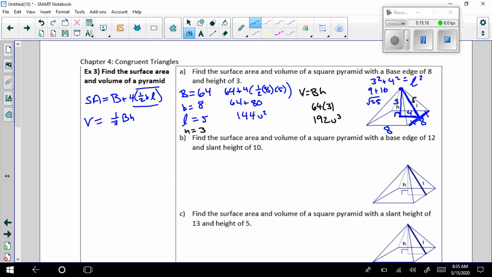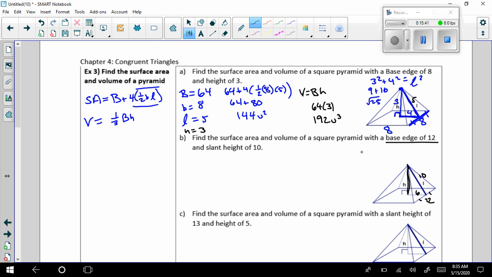Okay, so sometimes you have to find different things, but it's all kind of done the same way. We have a base edge here of 12. Keeping in mind, again, that's split in half, so this here is 6. We have a slant height of 10. So we already have everything except for the height of this.